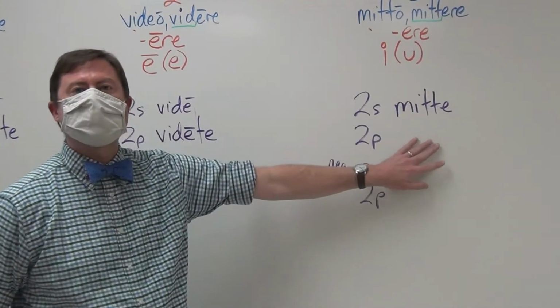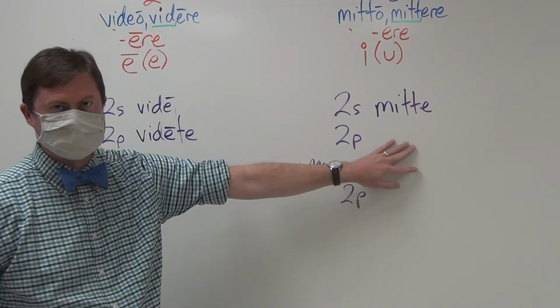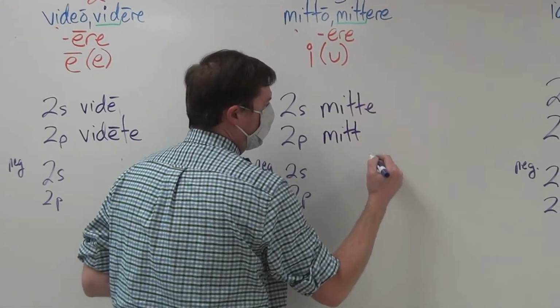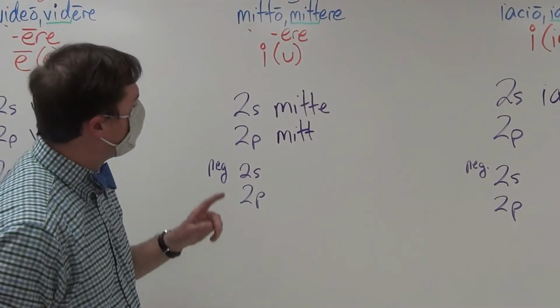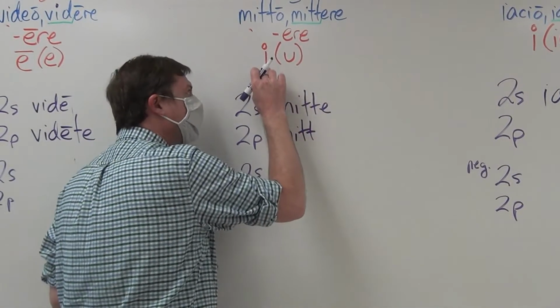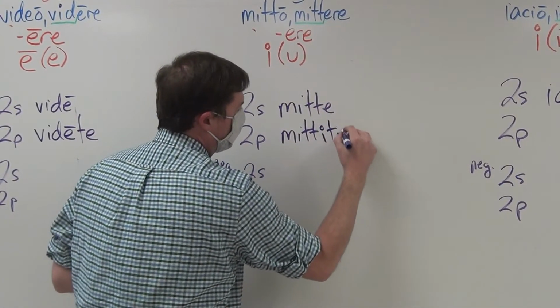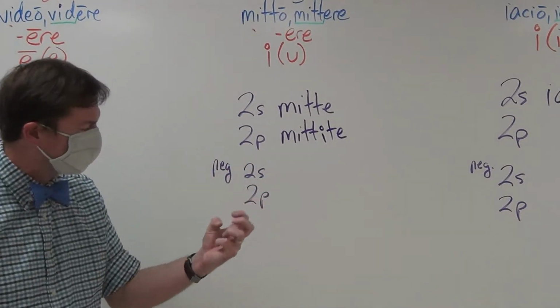This is the most missed form of students in the imperative system. Please pay attention. Usually what students think is that they are just going to add a TE to that. That is wrong. You take the present stem, the present vowel of the third conjugation is a short I. And thus it is mittite. Y'all, send.